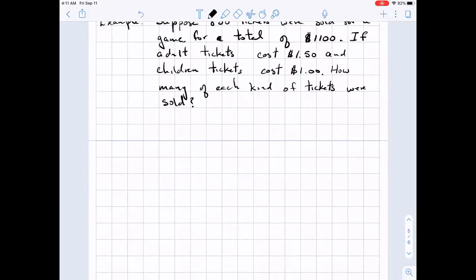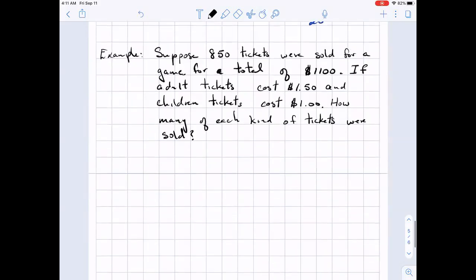Okay, so let's read that again. Suppose 850 tickets were sold for a game, for a total of $1,100. If adult tickets cost $1.50 and children ticket cost $1, how many of each kind of tickets were sold?